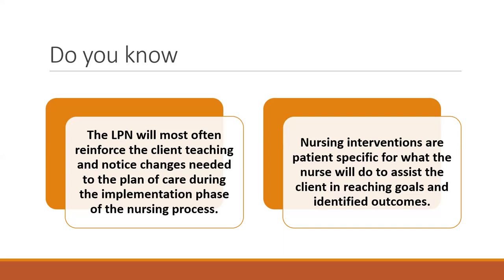Even though they may have a diagnosis that is similar or the same, we still provide that specific individualized care for those clients. And we identify those individualized outcomes for them as well.